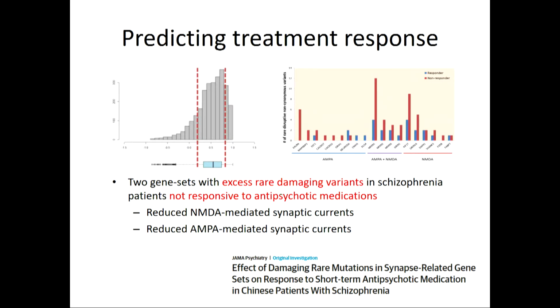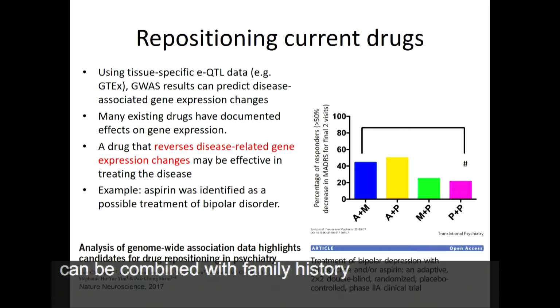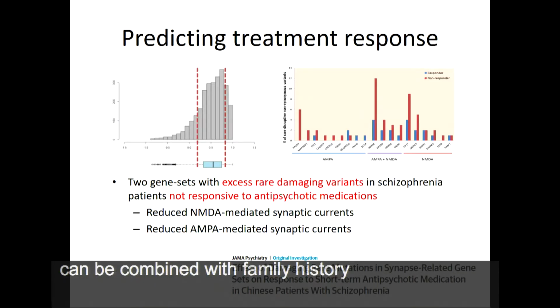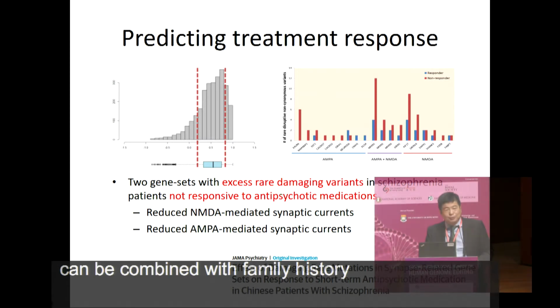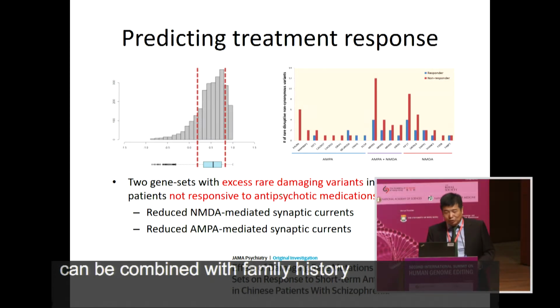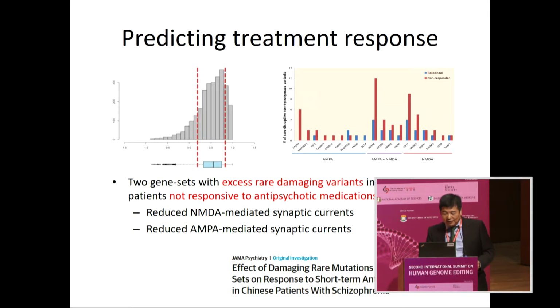And recently, we also looked at whether genetic variants predict drug response in relation to schizophrenia. So we identified subjects who responded well and responded poorly to antipsychotic drugs, and we find that there are two gene sets which contain an excessive number of rare damaging variants in the poor responders, and these two gene sets were associated with reduced NMDA-mediated synaptic currents or reduced AMPA-mediated synaptic currents.